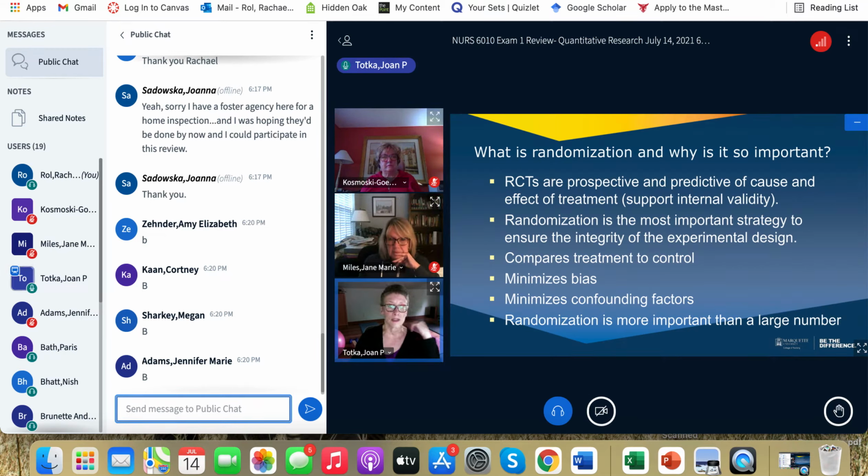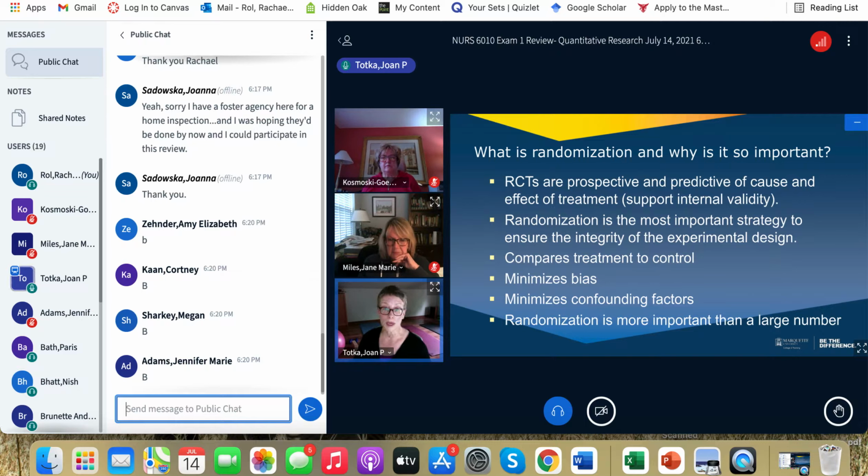Here, randomization. I'm going to see this again and again in the questions, because randomization is really important for quantitative studies. Randomized controlled trials are prospective, meaning they are looking forward in time, and at the end they actually predict cause and effect of the treatment that you're testing, and this supports your internal validity.